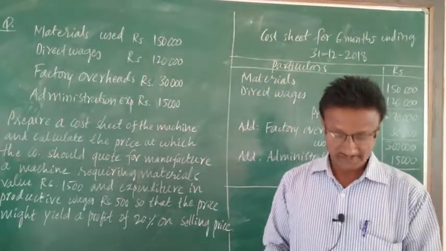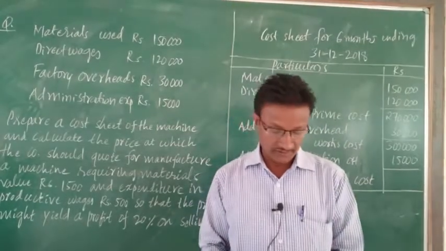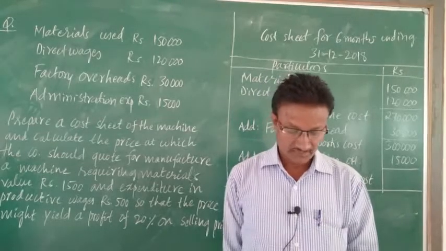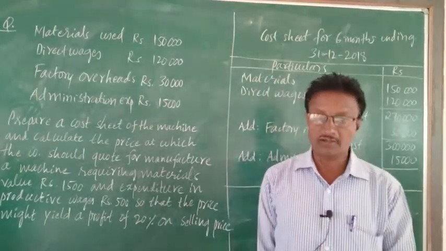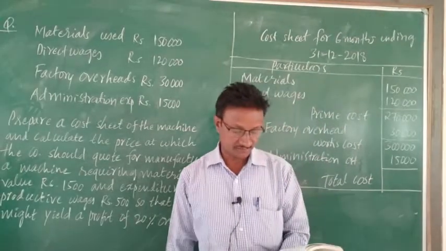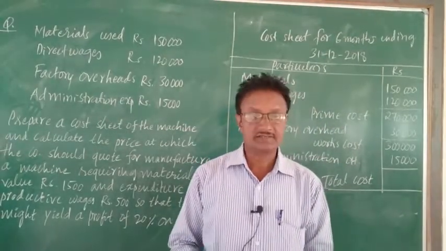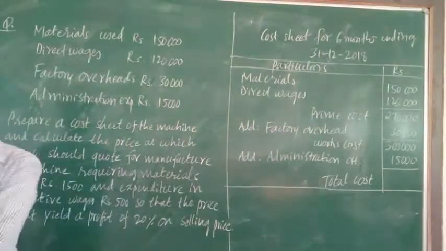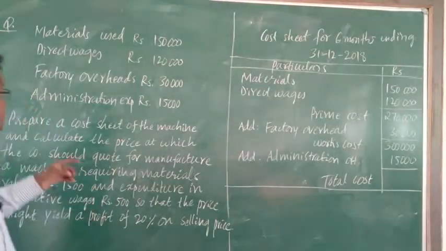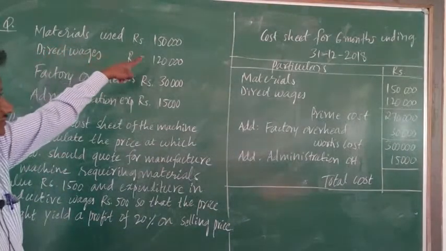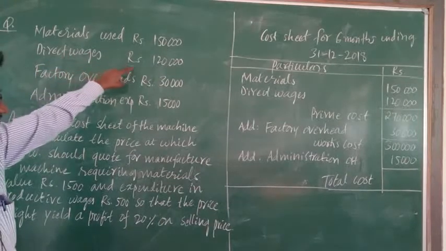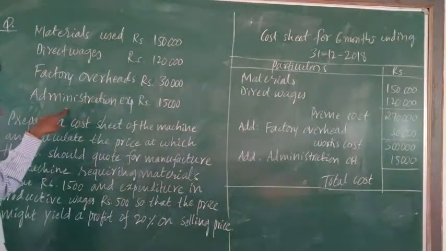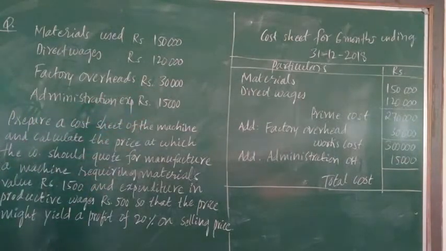The problem is: the accounts of a machine manufacturing company disclose the information of 6 months ending 31st December 2018, and the other particulars given are materials used 1,50,000, direct wages 1,20,000, factory overheads 30,000, administration expenses 15,000.